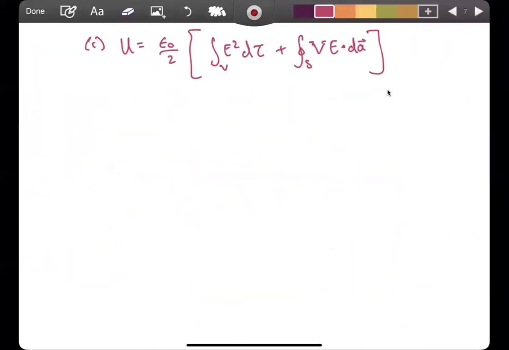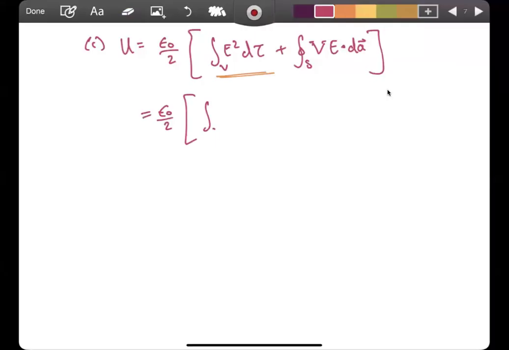Now, again, the volume term here, which is this one, again, I have to split it up into two pieces. So let's again talk about this. So the first piece is going to be the in portion. So let's do it this way. So it's going to be epsilon naught divided by 2 times.